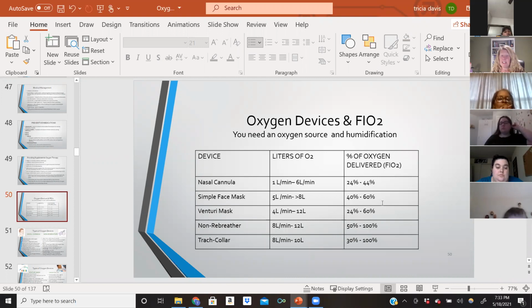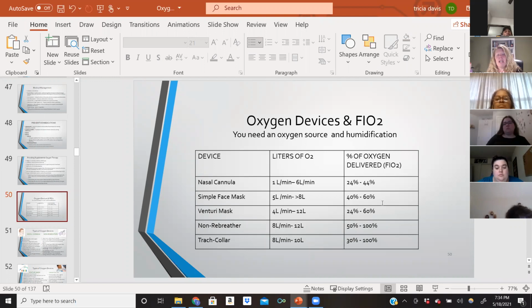If we put a patient on a Venturi mask, there's a little button on there that is going to allow you to deliver a very precise amount of oxygen. So these Venturi masks, you can deliver from 4 liters a minute to 12 liters. And the percentage of oxygen that the patient's going to receive is between 24% to 60%.